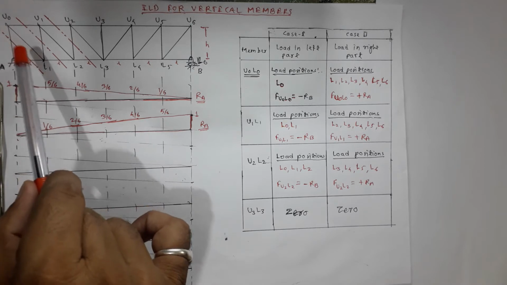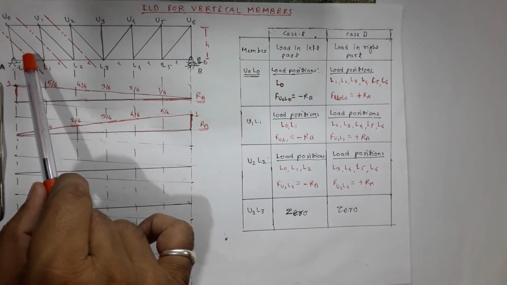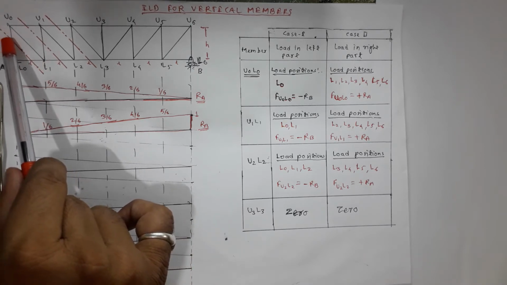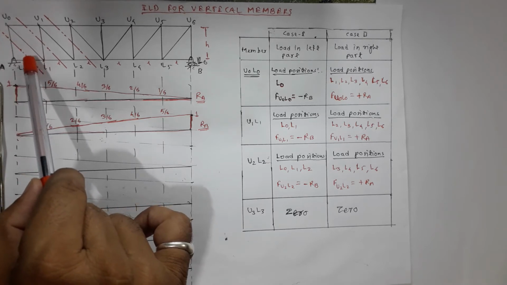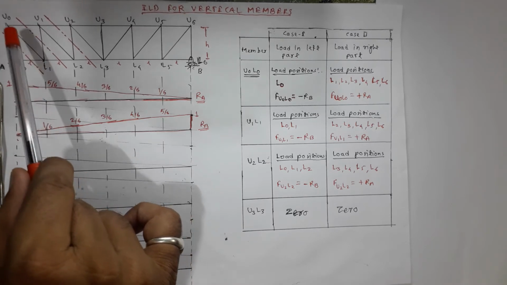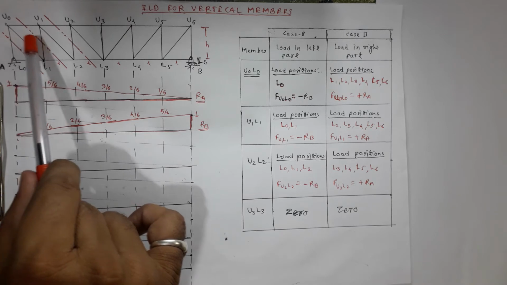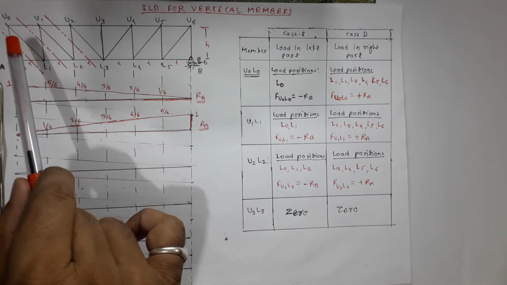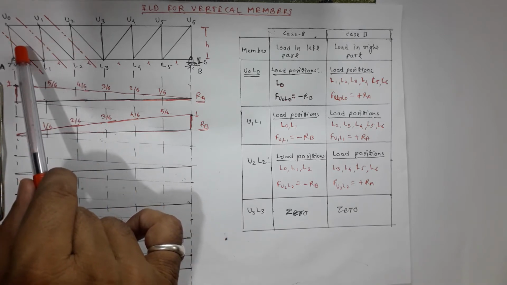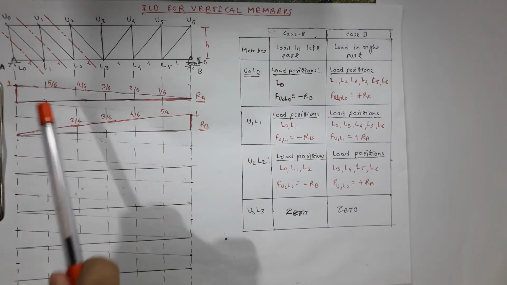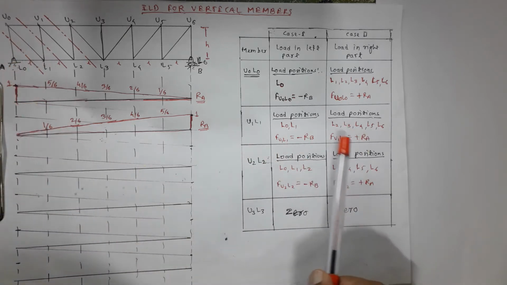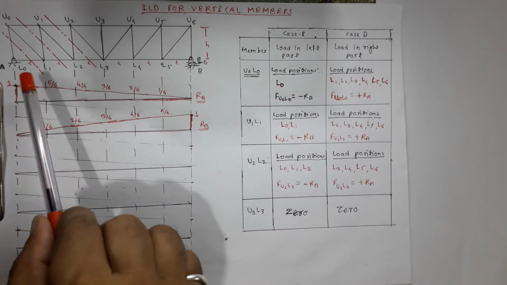What I want to say is that if I use summation Fy is equal to 0, the force in this member will not be there in the equation. So for all these vertical members, in order to get the forces, I am going to use summation Fy is equal to 0.